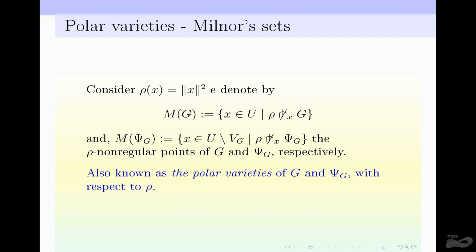And omega g, by definition, is the set of points in the search space where rho is not transversal to G, so the points where you have a tangency. The same definition holds for psi G. These are called the non-regular points of G and psi G, respectively, also known as the polar varieties of G and psi G with respect to rho.